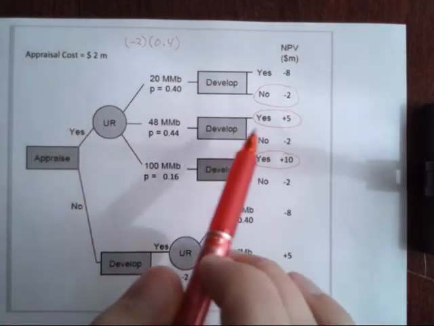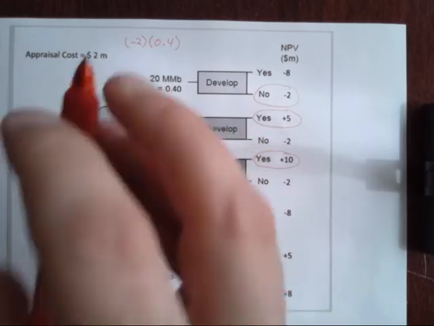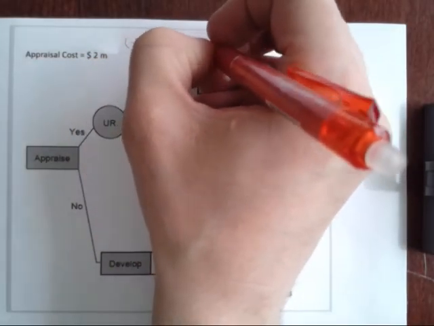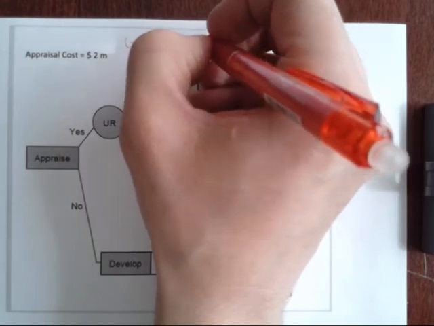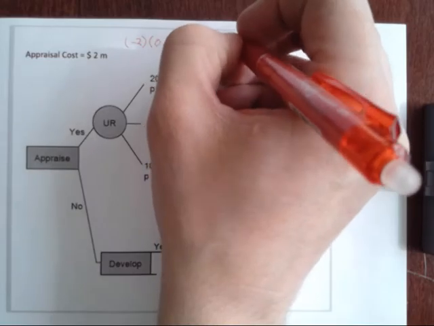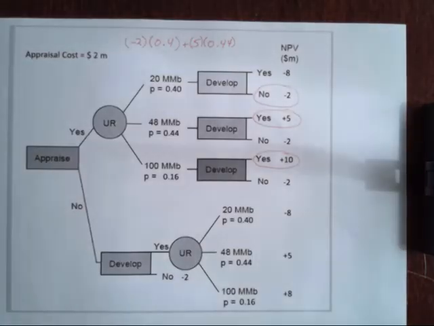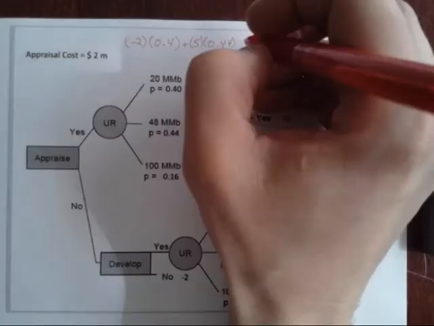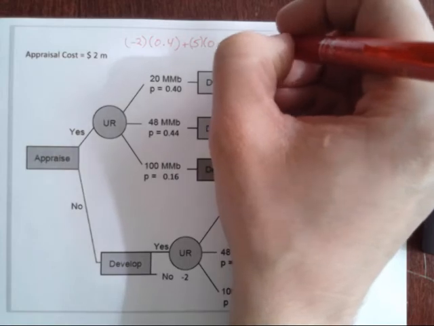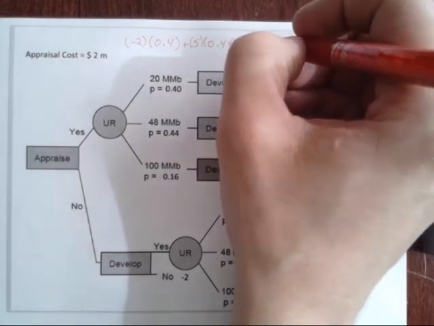So I'll take the next one and I'll add it to it. So the next I'll have 5, and the probability of that is 0.44. The third case here is the 10 million. So again, I'll add to that, the 10 million, and the probability of that one is 0.16.